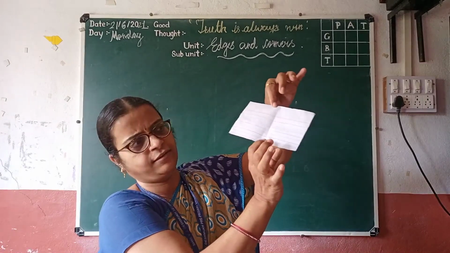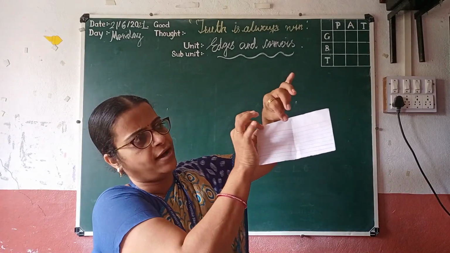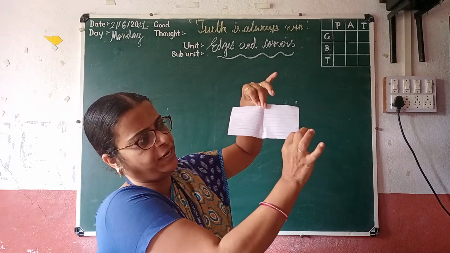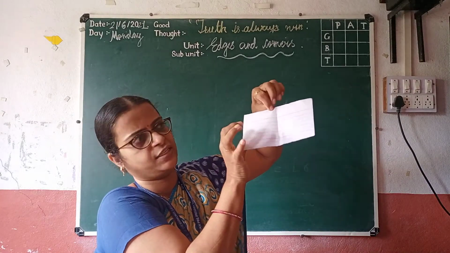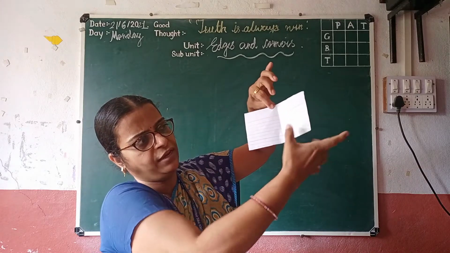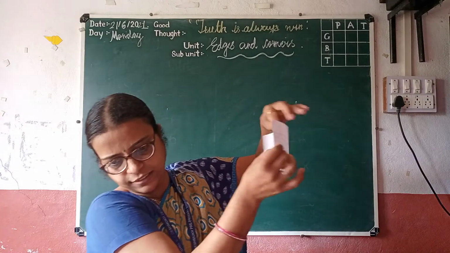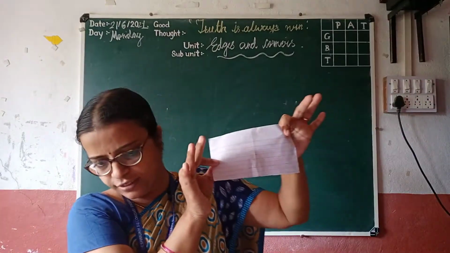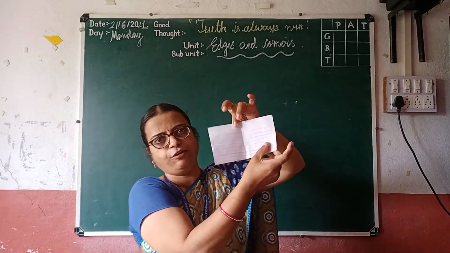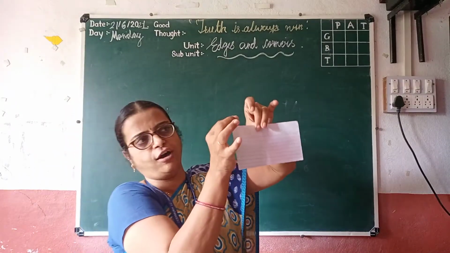How many edges? 4. And corners here 1, 2, 3, 4. These are the corners and these are the edges. So this is a rectangular shape. A rectangle has 4 edges and 4 corners.